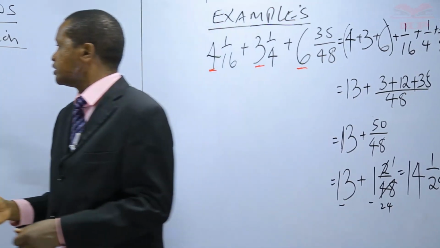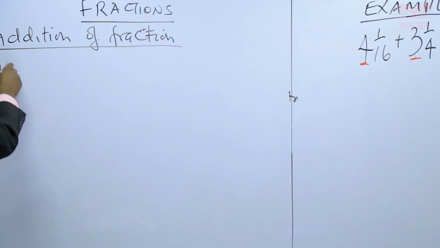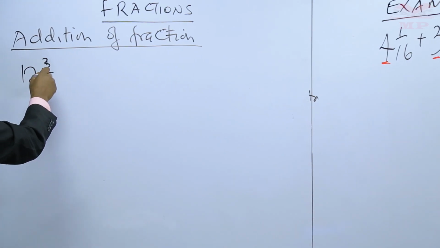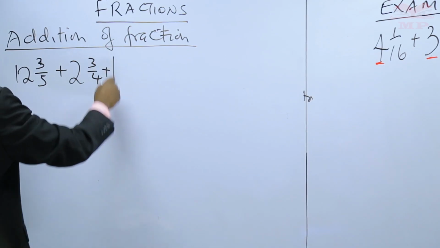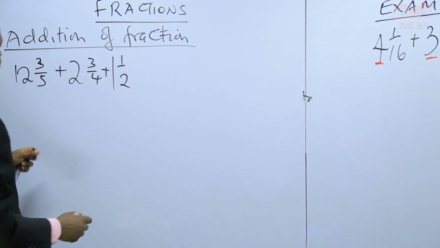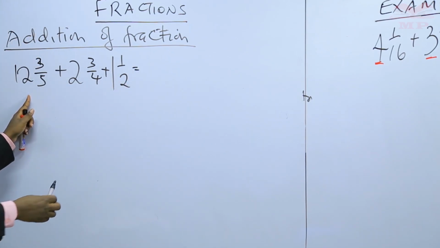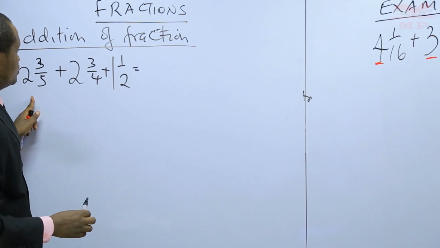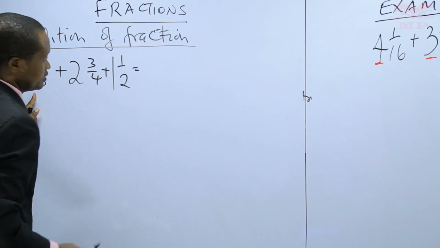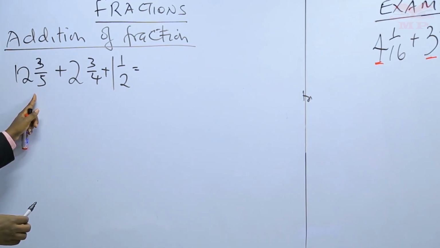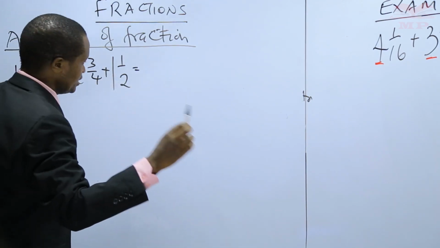Before we close our lesson, let us work out another example. 12 3/5 plus 2 3/4 plus 1 1/2. In carrying out the operation of addition on these mixed fractions, number 1, we add the whole numbers and the fractions separately.